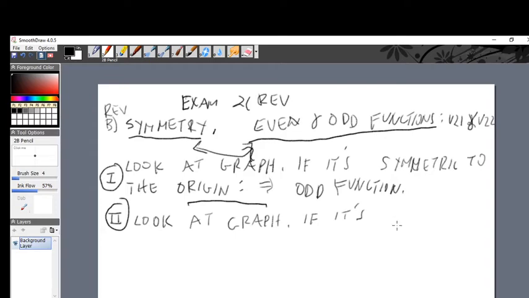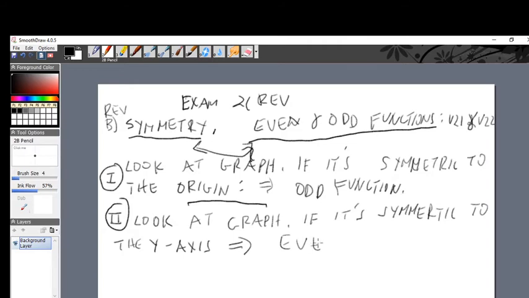The next thing I got to tell you is this. If it's symmetric, or symmetry is about the y-axis, then it is an even function.